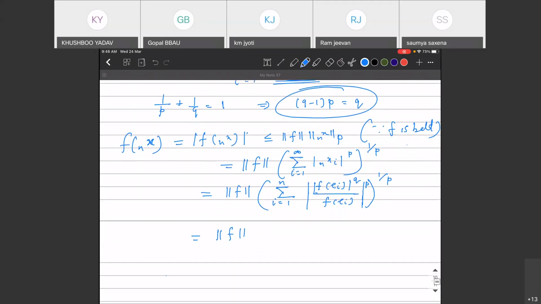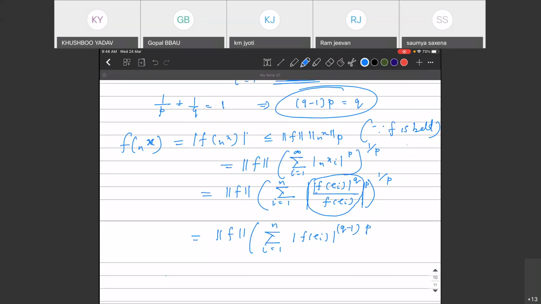Now use this equality. So this is summation i from 1 to n. Let's calculate it first. Both are modulus, so this is mod f(ei) to the power q minus 1. So this part will become this thing, correct?